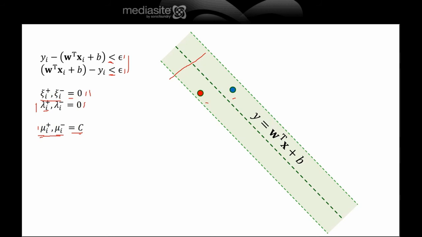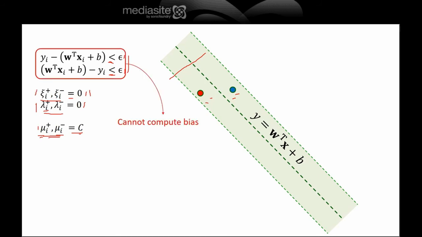So for these set of points, lambdas are equal to zeros, the mu's are equal to C, and the zeta, the errors, are equal to 0. We cannot compute the bias because we have an inequality sign here, the less than sign here.